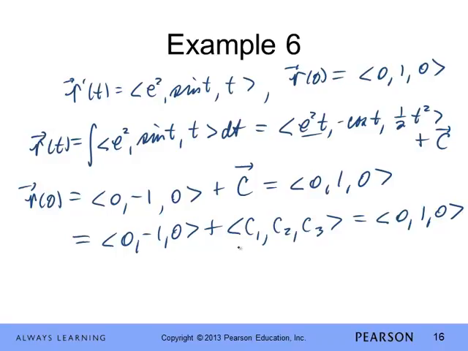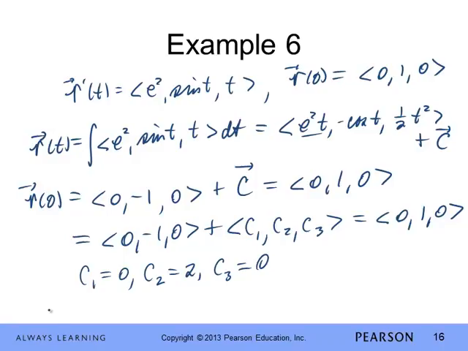So 0 plus C1 is equal to 0, so C1 is equal to 0. We have negative 1 plus C2 is equal to 1. So what does that imply about C2? C2 must be equal to 2. And 0 plus C3 is equal to 0. What does that imply about C3? That C3 must also be equal to 0.